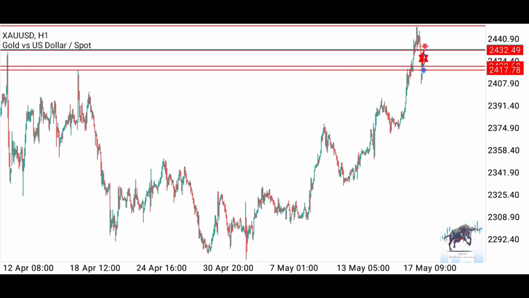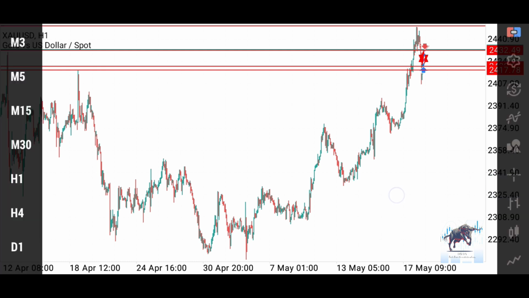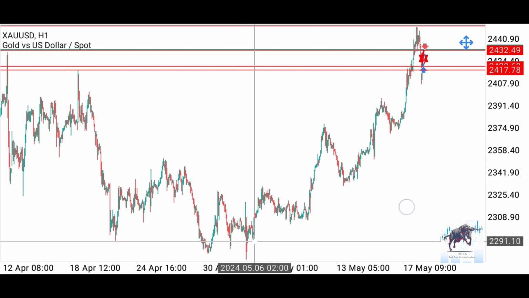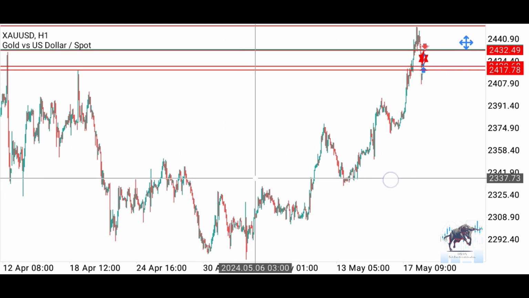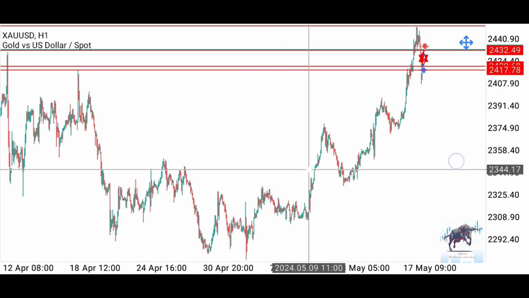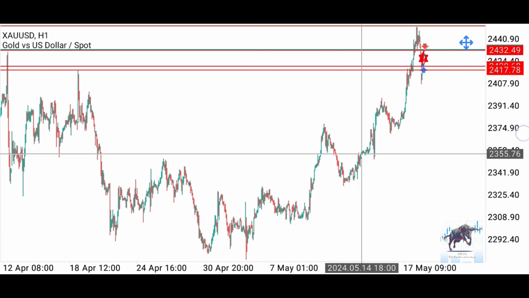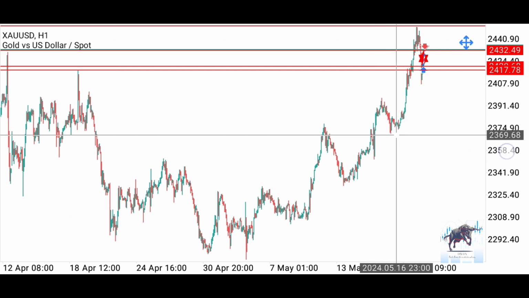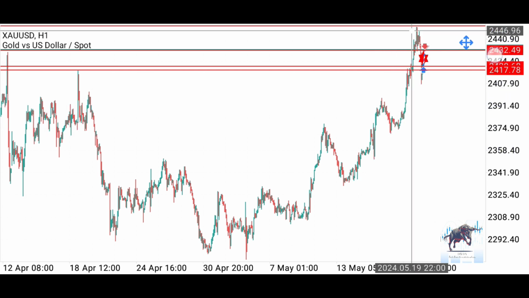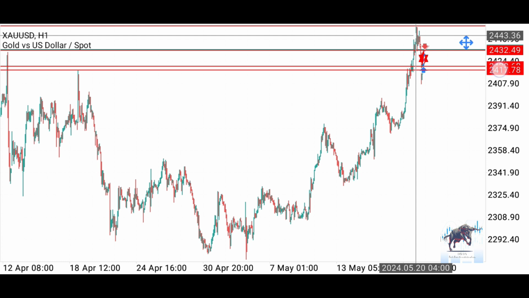As you can see, on gold we have been making higher highs, higher lows, higher highs, higher lows, and then we currently made a higher high.